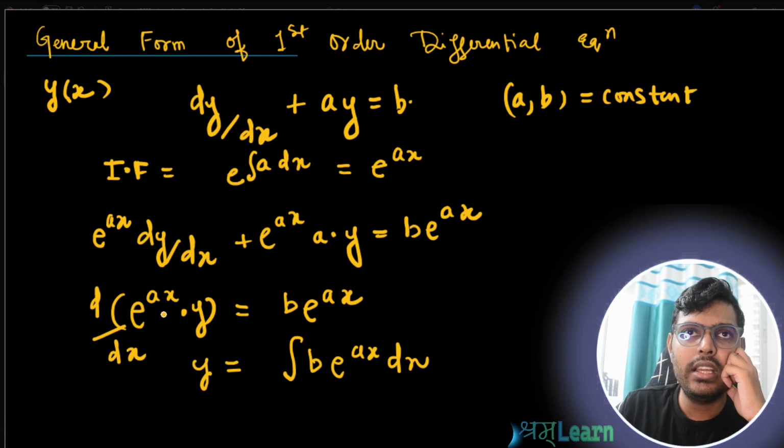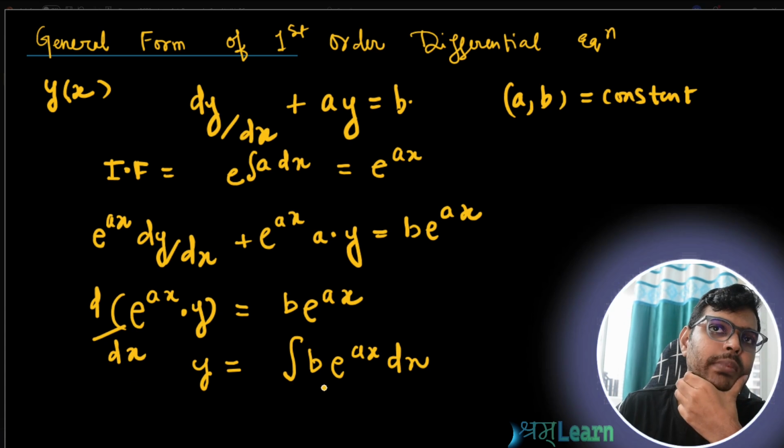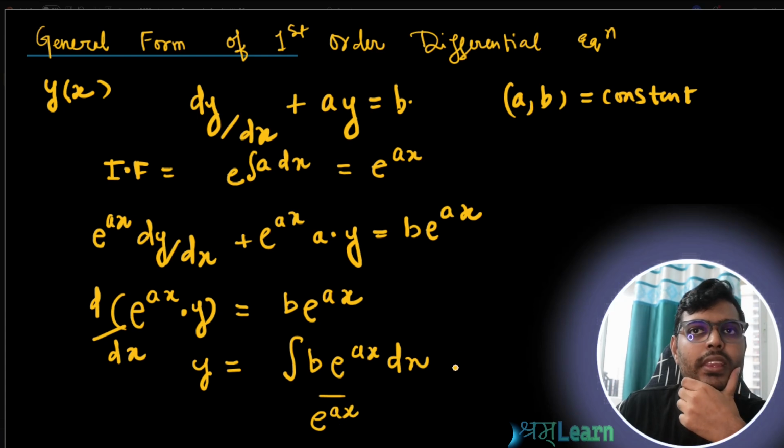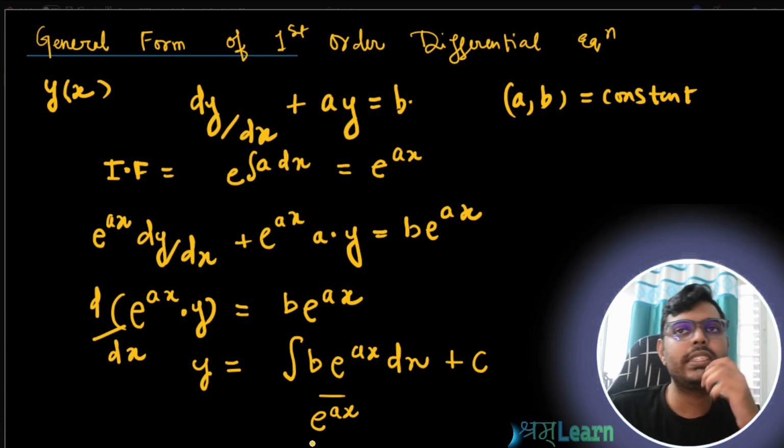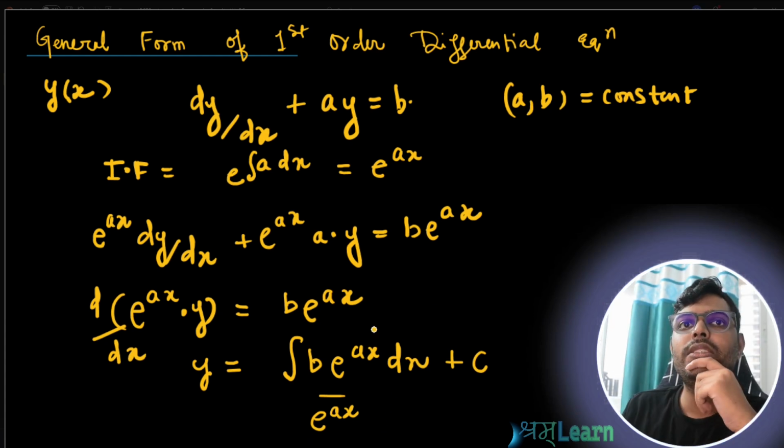Fine, and then we will have to divide both sides by e to the power ax. Okay, so we will also have a c, a constant of integration here. So this was the idea.